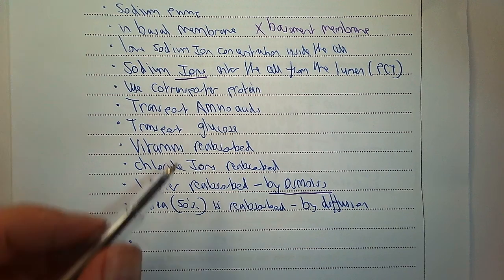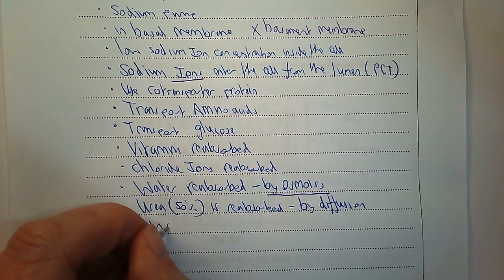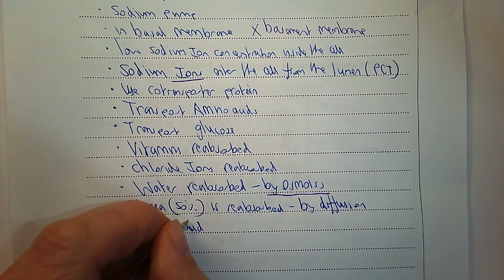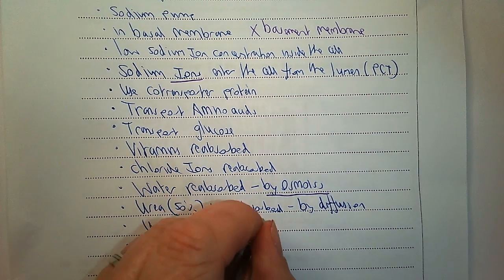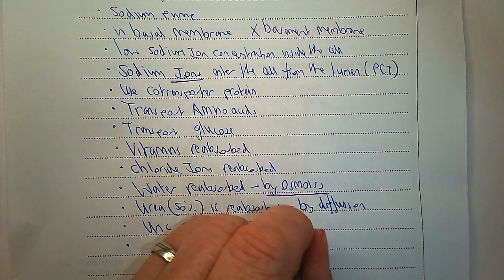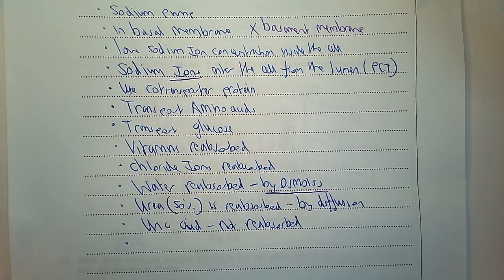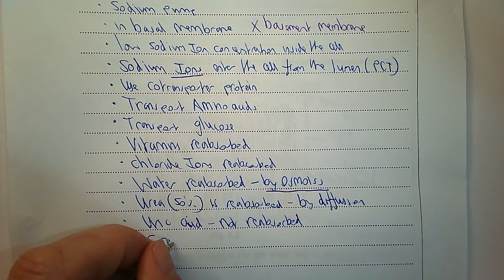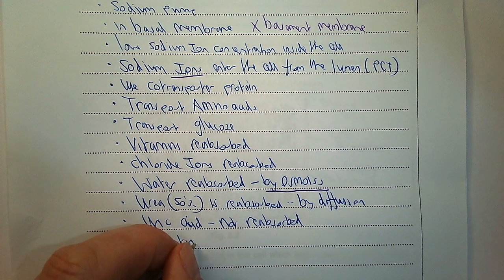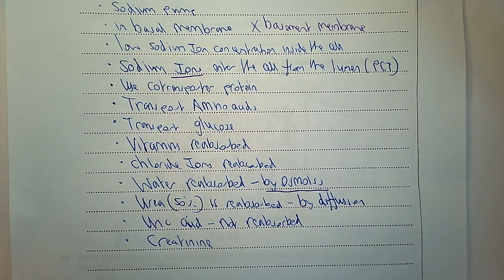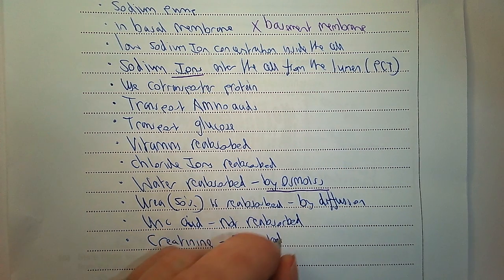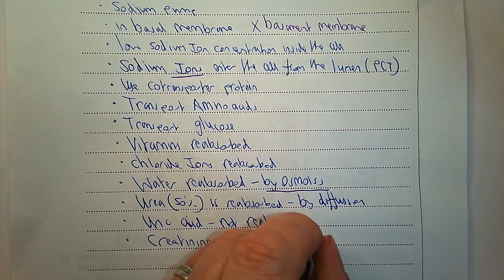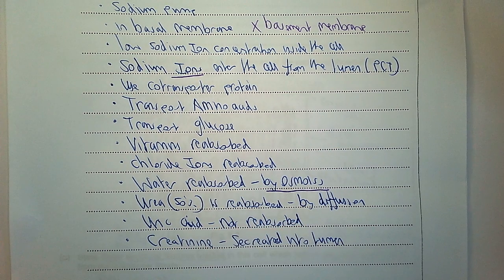You've got uric acid and uric acid is not reabsorbed. And then you've got a chemical creatinine, and that is actually secreted into the lumen by the brush border cells.